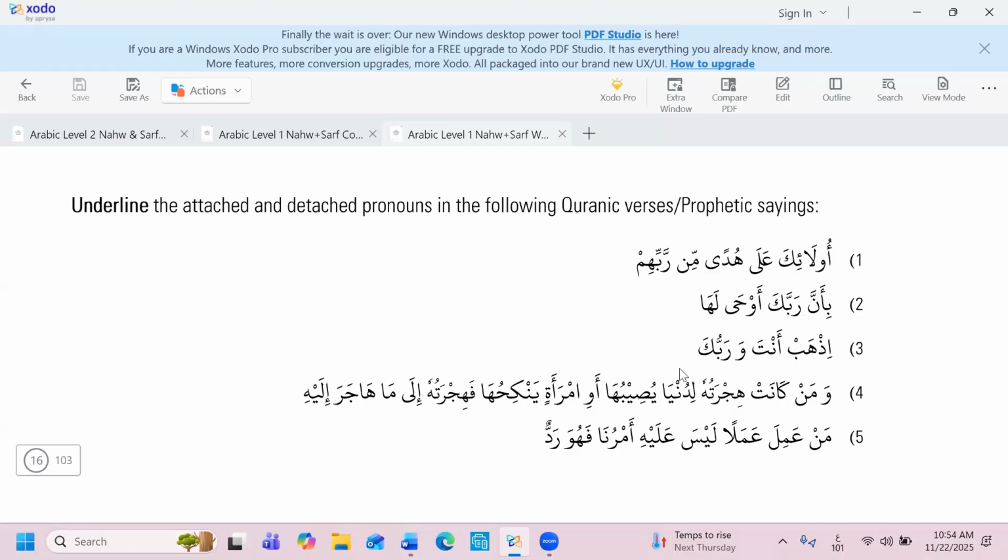Now you got the hadith there. وَمَنْ كَانَتْ هِجْرَتُهُ. Part of the hadith. لِدُنْيَا. You've got quite a few. So say the whole word and what it's attached to as well. Hijratuhu. Hijratuhu, the who in hijratuhu.